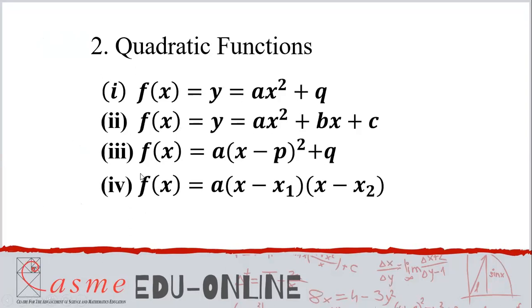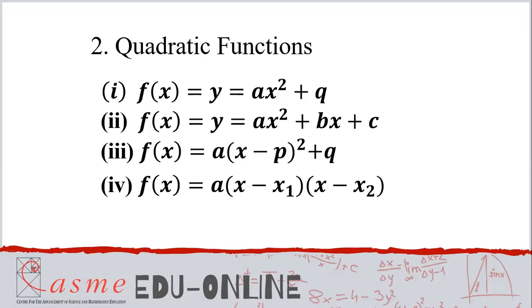And also this was just a bonus one, f(x) = a(x − x1)(x − x2). So you should know each one of these, when do we use this and how do we use them? So I'm going to come back and just draw these graphs using GeoGebra.